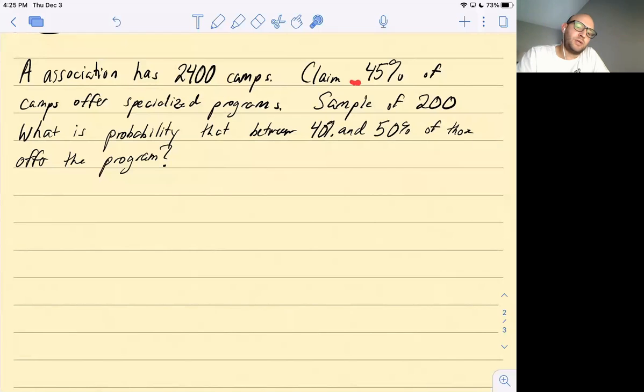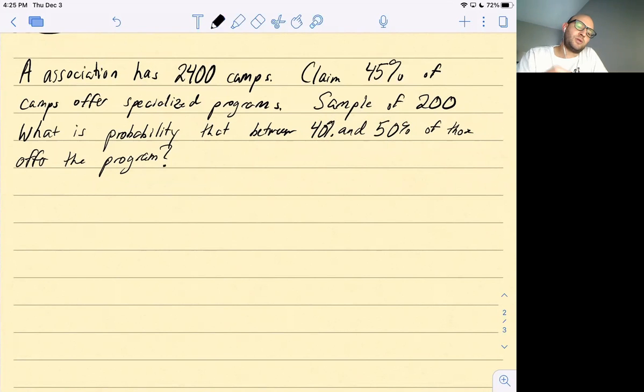So these numbers, 45%, 40, and 50, are like X values. They happen to be percentages, but I think of them like the height of an elephant or something like that. But we're going to talk about what's the chance that a sample has a measurement that falls in this range.